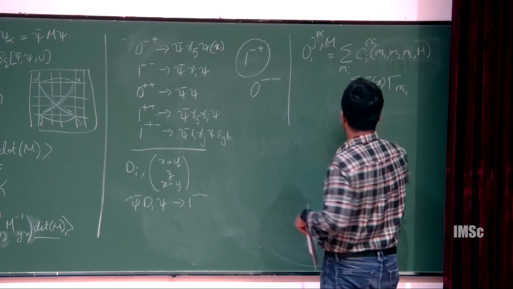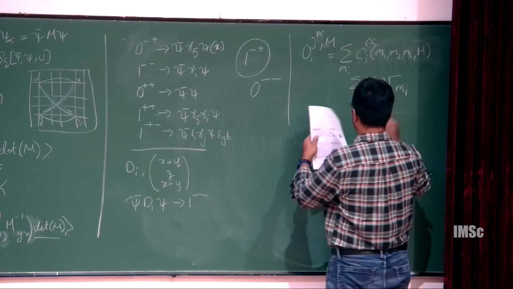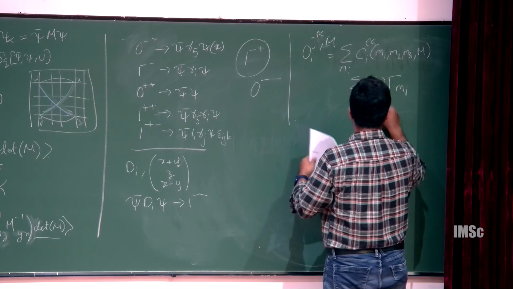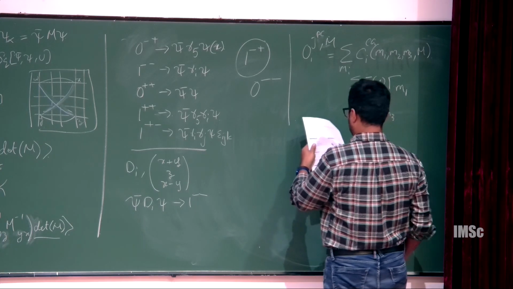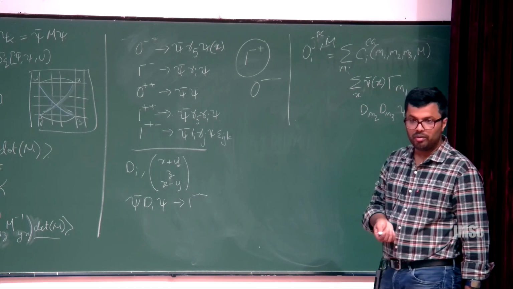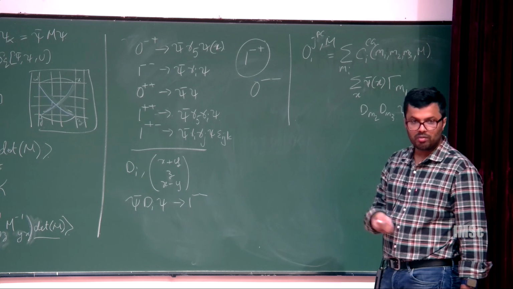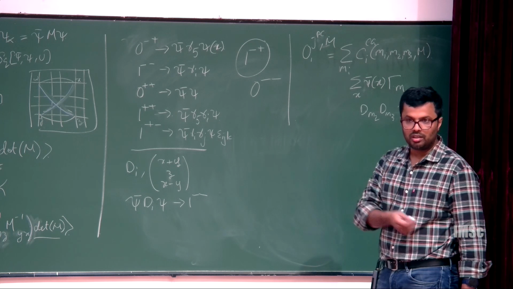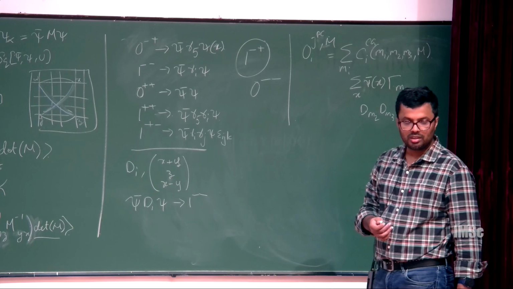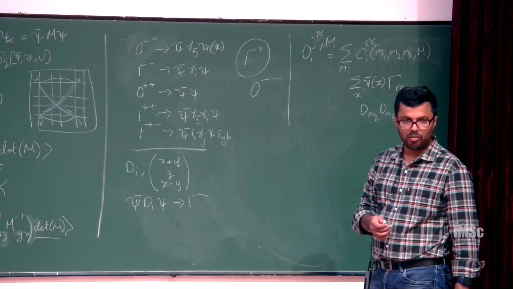I don't care what the gamma structure is here, M1 here, and a D with M2, D with M3, psi of X. So you can use two derivative operators clubbed together with different gamma structures to get higher spins. You can go ahead with higher and higher derivative structures and basically construct higher spin operators.